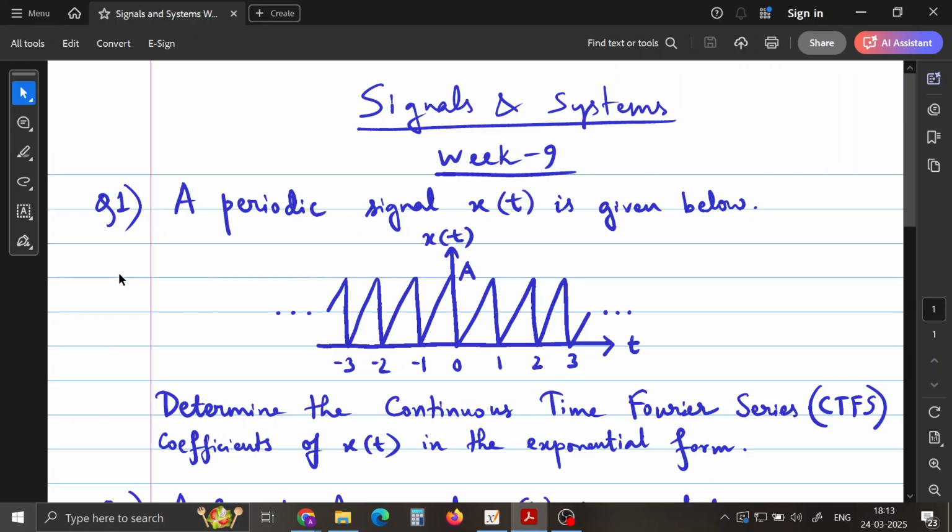That's the representation, and we can also find these a k using a formula. Basically, a naught, which is the coefficient for index k equals 0, is obtained simply by taking the average value of x of t over one period.